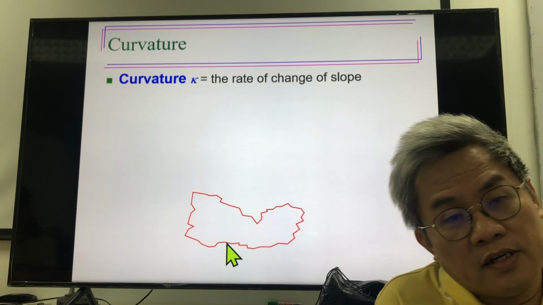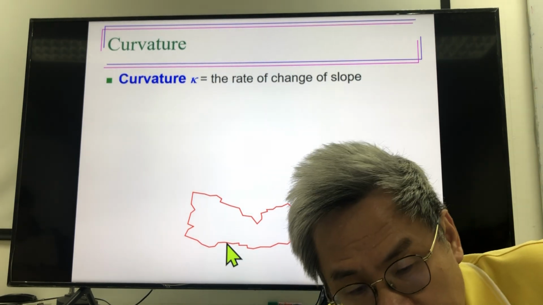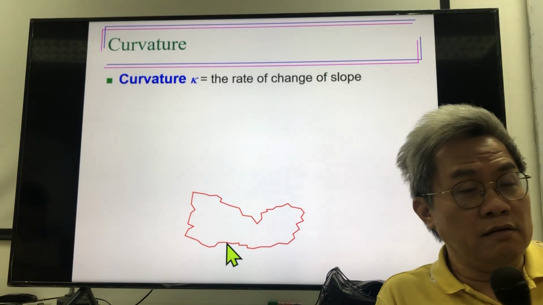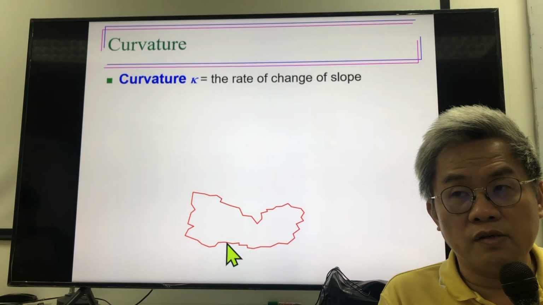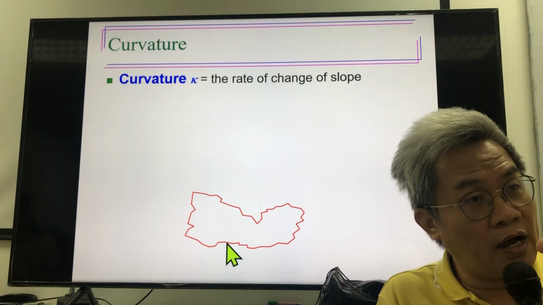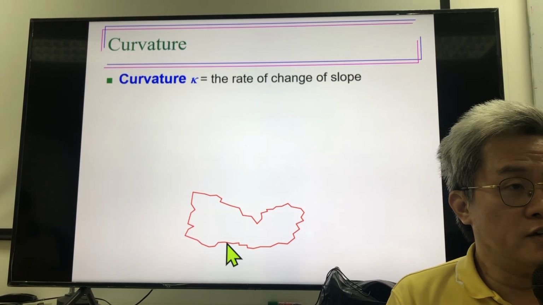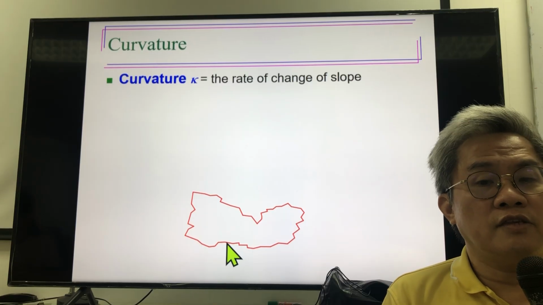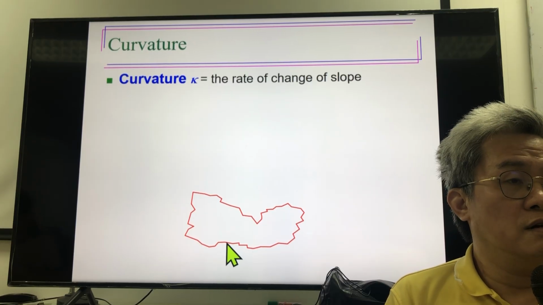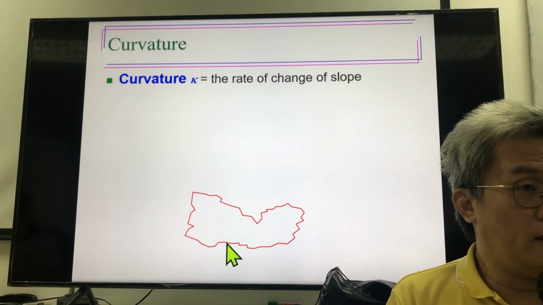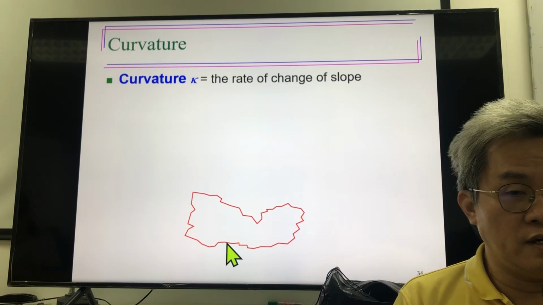Curvature along the boundary tells us whether it's going in, which is called convex, or coming out of the boundary, which is called concave. So the curvature can measure how convex the shape is.